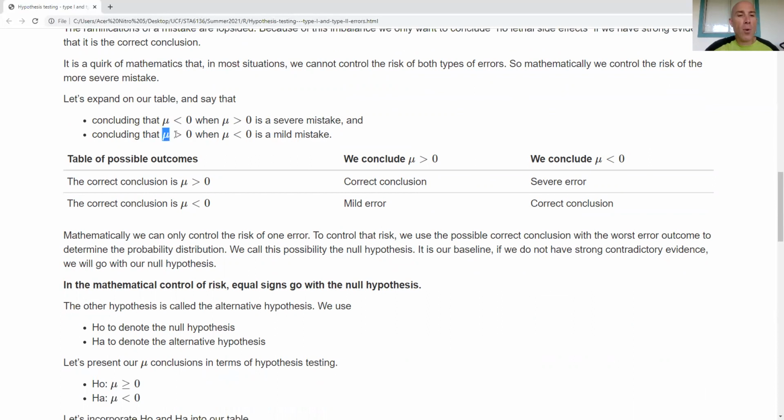And let's say that if we were to conclude positive, when in reality it's negative, it's a mistake, it's a problem, but it's not as severe. Okay, so let's go ahead and change our table a little bit so that we have a severe error here and a mild error here. So I want to avoid this mistake pretty badly. So that's going to be something very important to us.